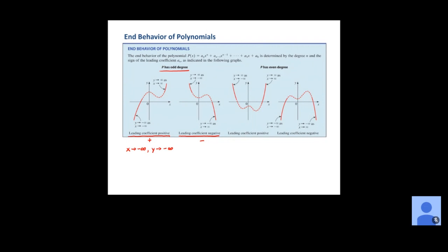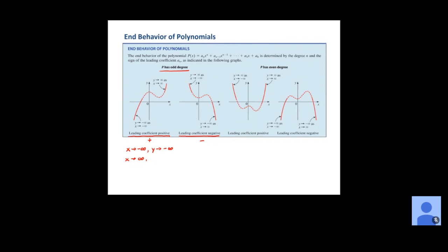Now we're going to have to look at the other side of our graph. So as x approaches positive infinity, what's happening to the y values? Okay, they're going to infinity, right?